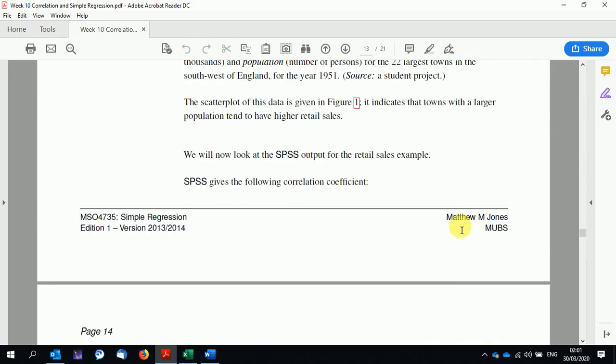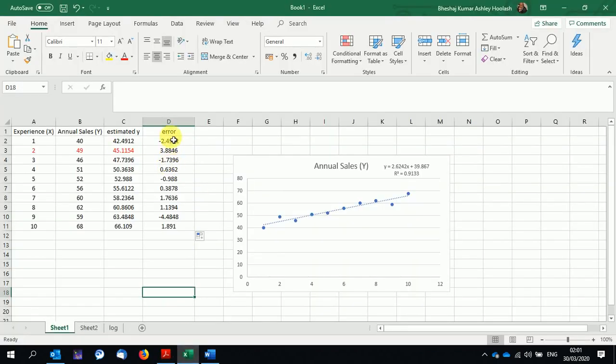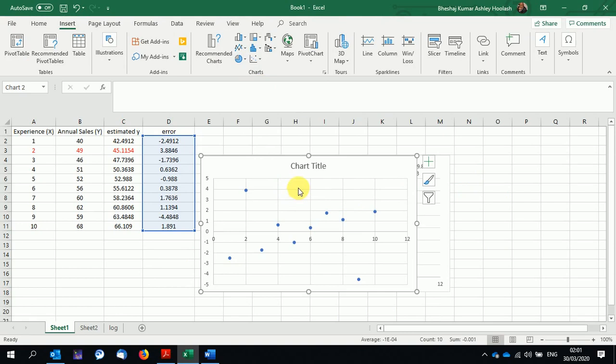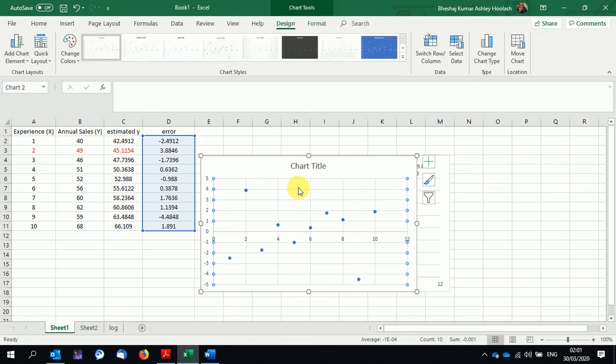That's fine. If I have to plot these error data, there you go, I can plot them. Errors should be scattered all over the place. There should not be any specific pattern.